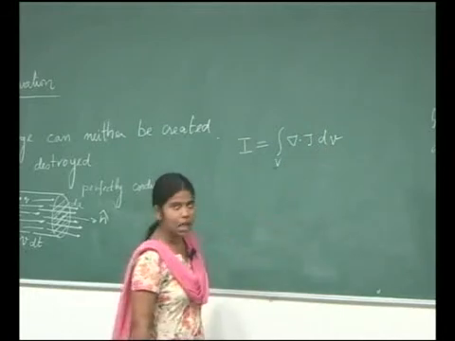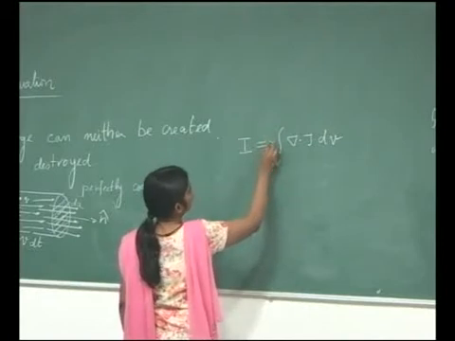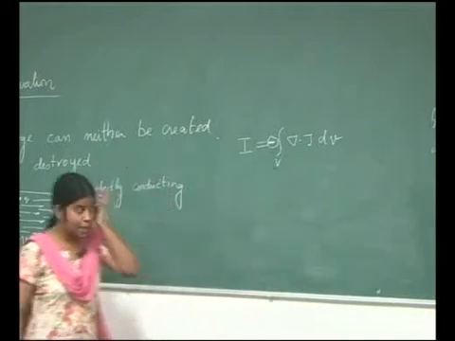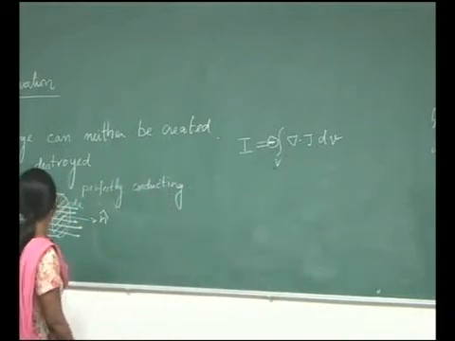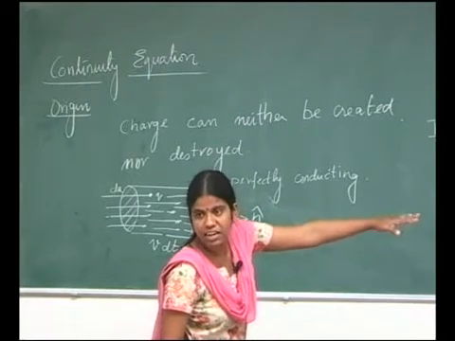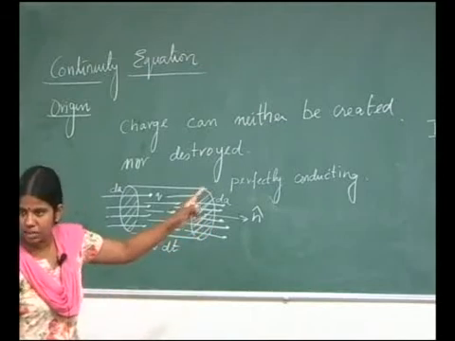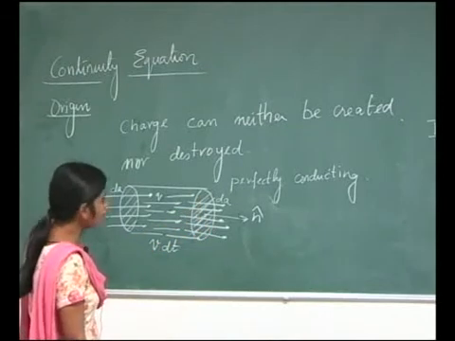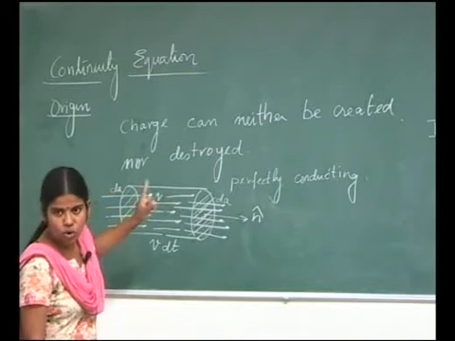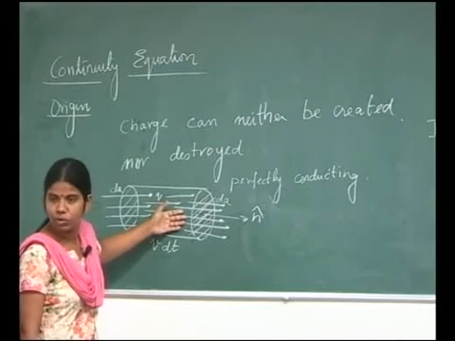Now, I will have a negative sign also here. This negative sign is very important. Why? We considered that I was resulting from the charge that is entering into this volume.